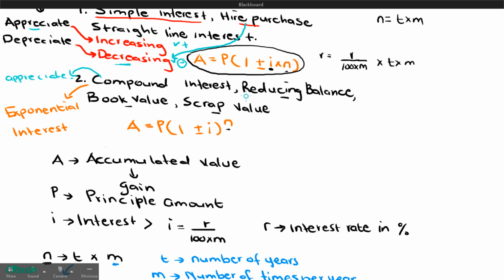But reducing balance, book value, and scrap value, check, there is a depreciation. They depreciate, therefore the formula will be negative, and where it appreciates, it will be positive. So that is how the positive and the negative are going to be used.